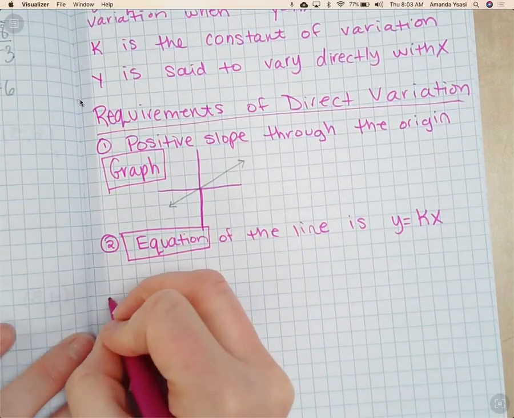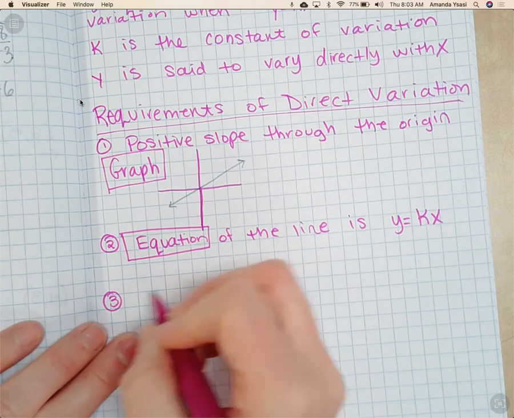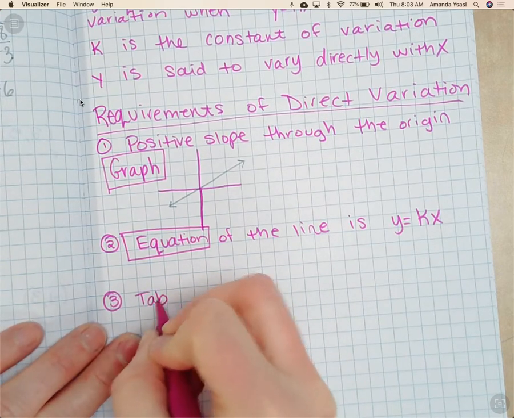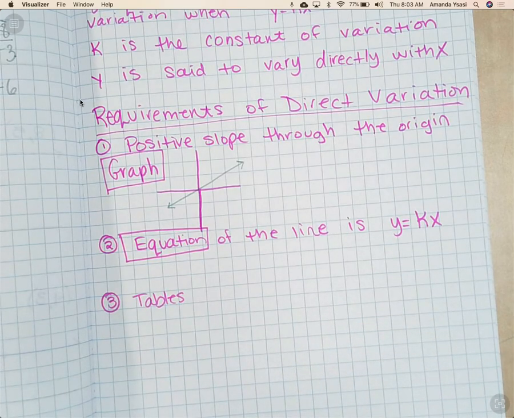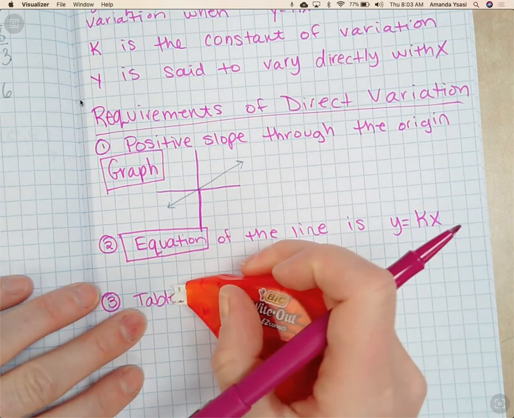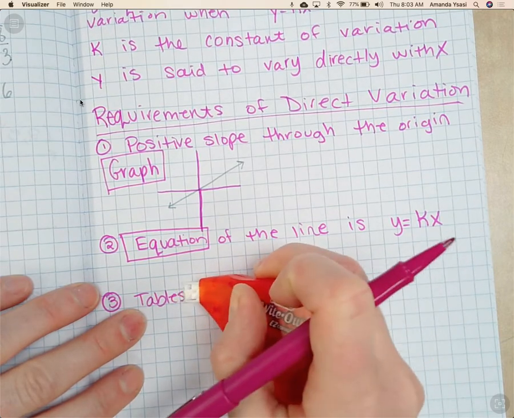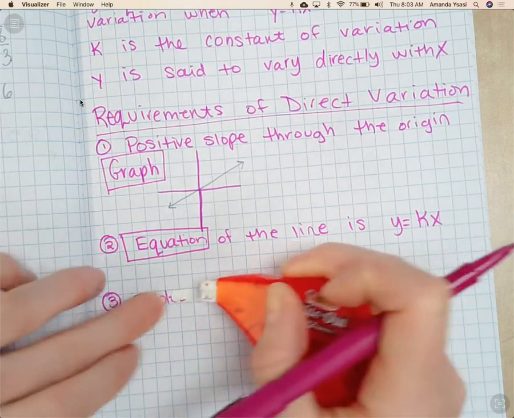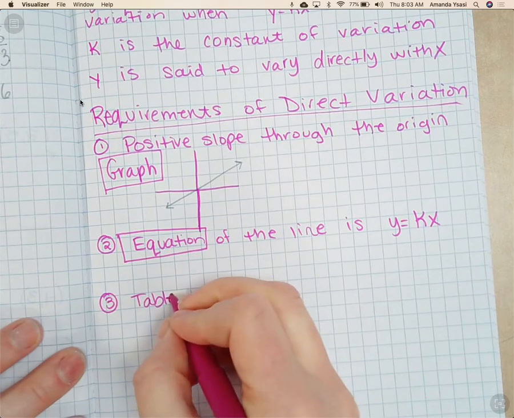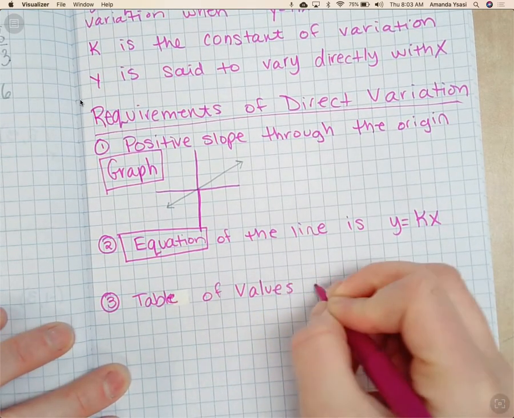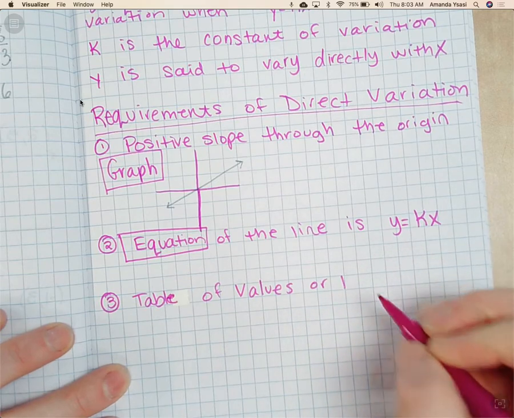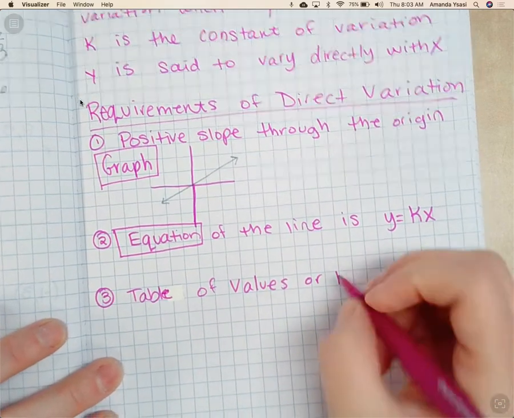Then third would be table of values. I don't like tables, it should just say table of values, or points, or an XY point.